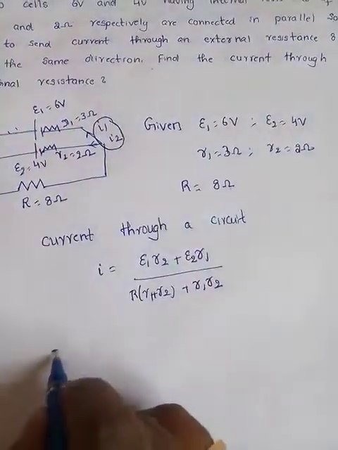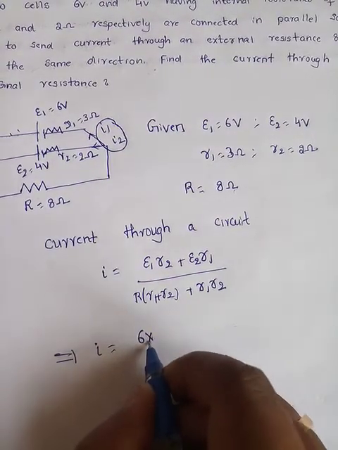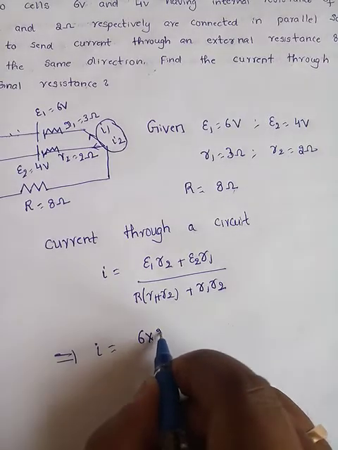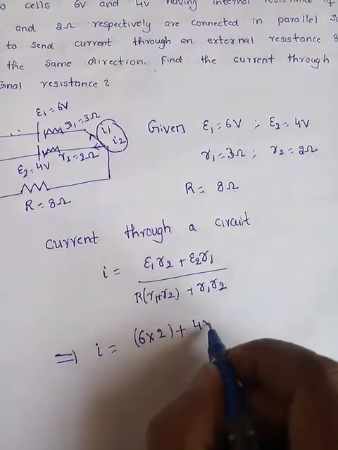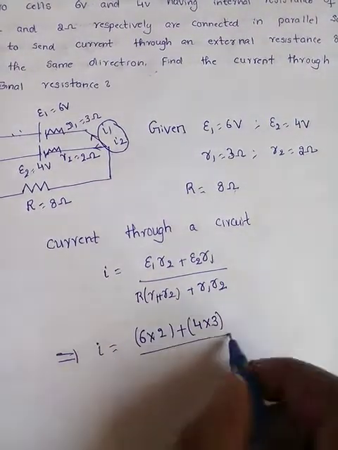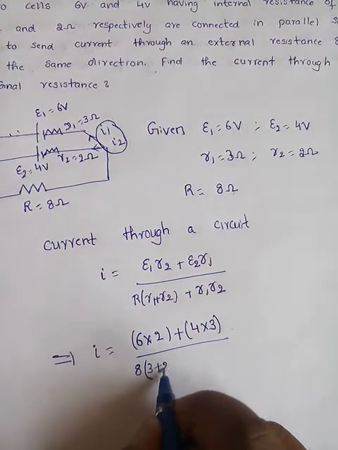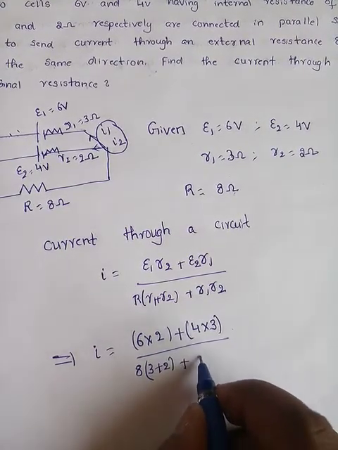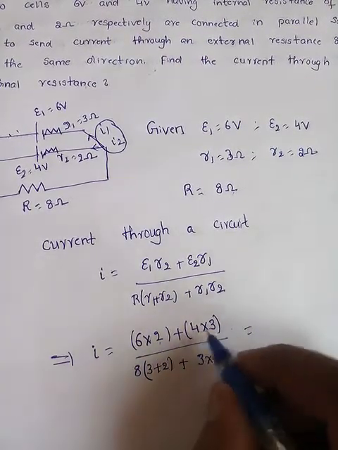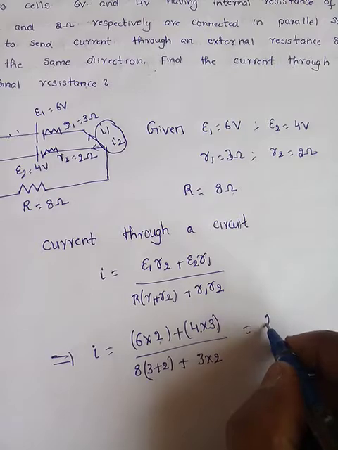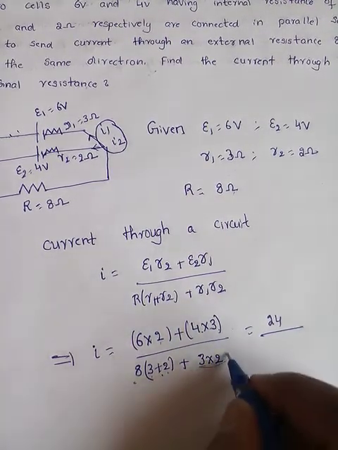Just substituting all the values, we get the answer. I equals E1 which is 6, R2 is 2, plus E2 which is 4, R1 is 3, divided by R which is 8, R1 plus R2 which is 3 plus 2, plus R1 into R2, 3 into 2. 6 2s are 12 plus 4 3s are 12, 12 plus 12 is 24, by 8 5s are 40, plus 3 2s are 6.